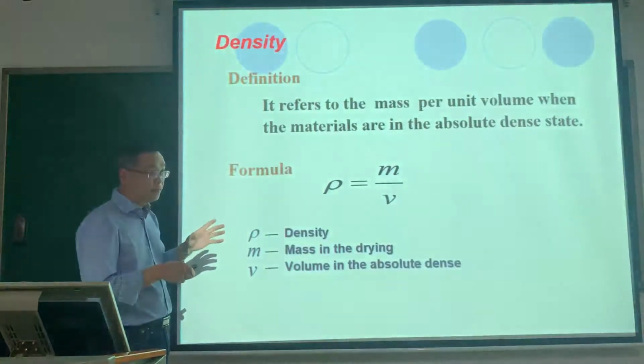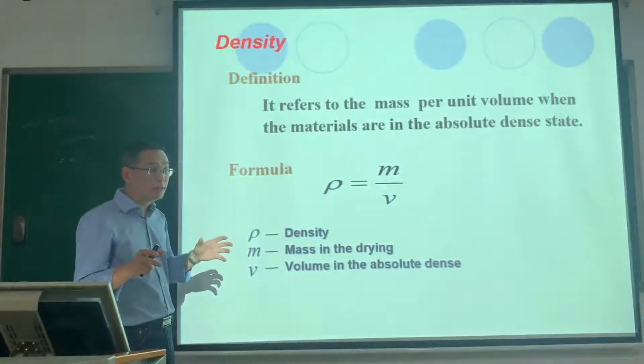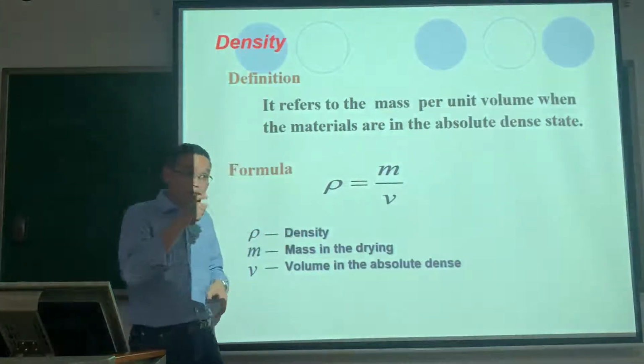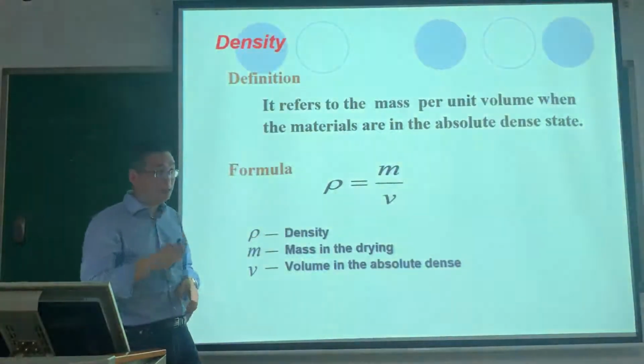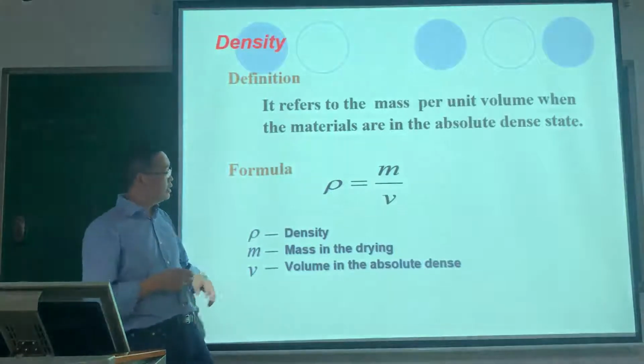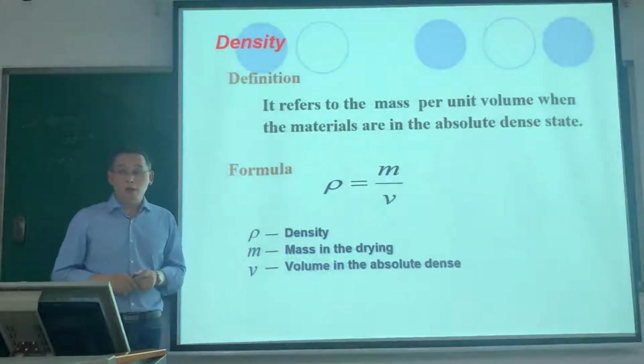The state is not the natural state. It must be in the absolute dense state. In the absolute dense state, we can get the density of this kind of material.